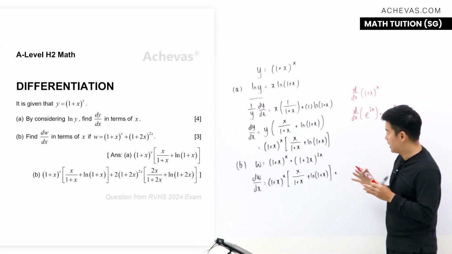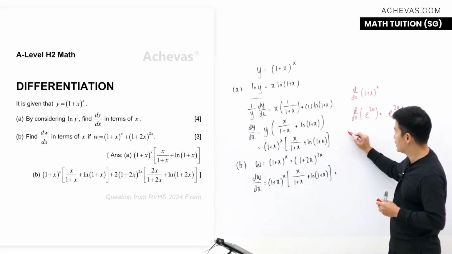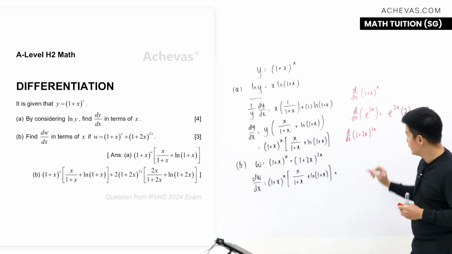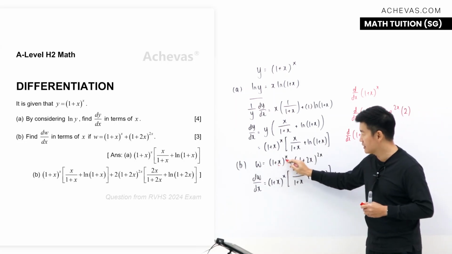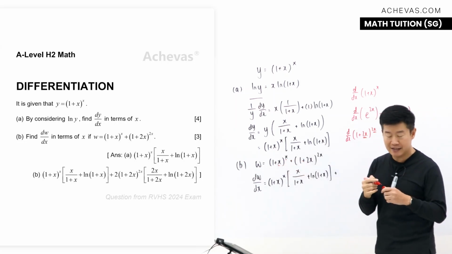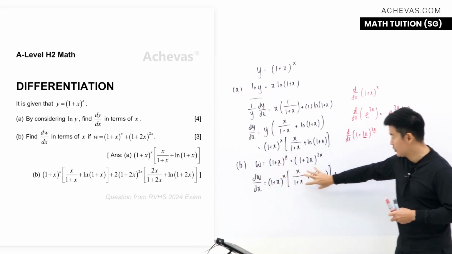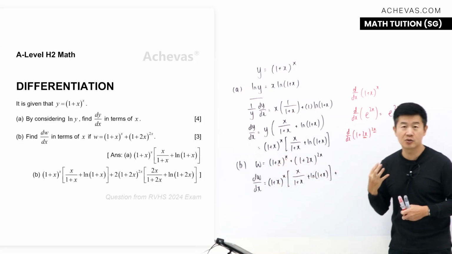We can apply the same idea here. When we differentiate this (1 plus 2x) to the power of 2x, we can treat 2x as if it is x. We reference this back to the original format, where differentiating gives this, but now all the x's are replaced by 2x.